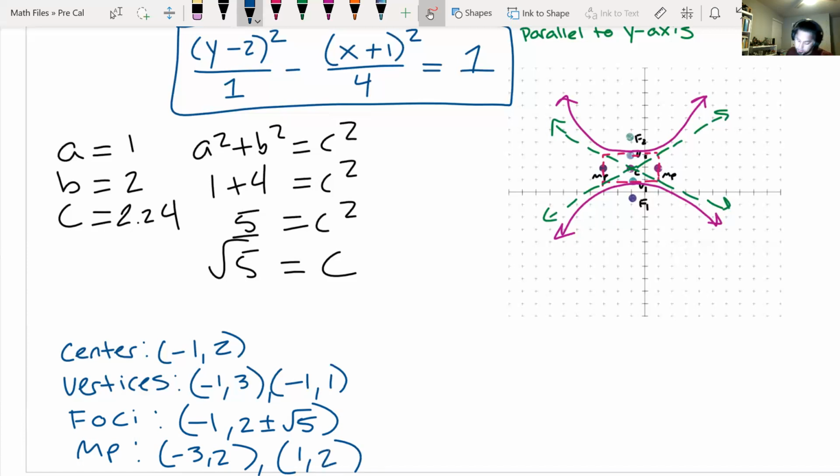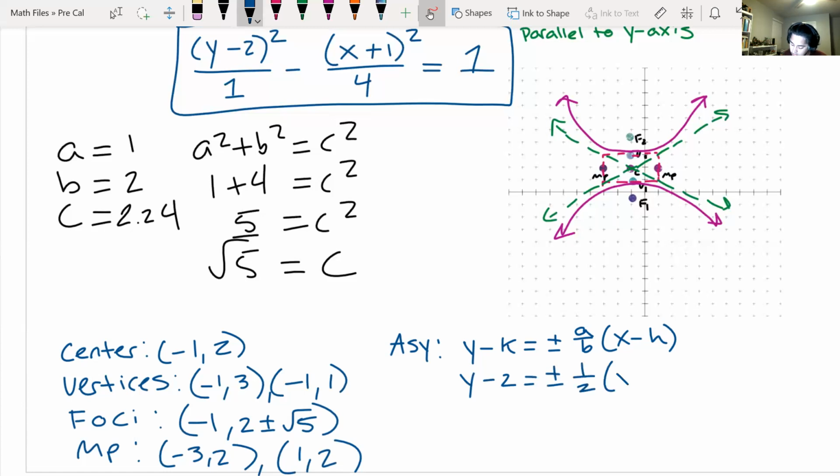And then for the asymptotes, y minus k equals plus or minus a over b times x minus h. Plug in what we know: y minus 2 equals plus or minus 1/2 times x, and this is just going to become plus 1.